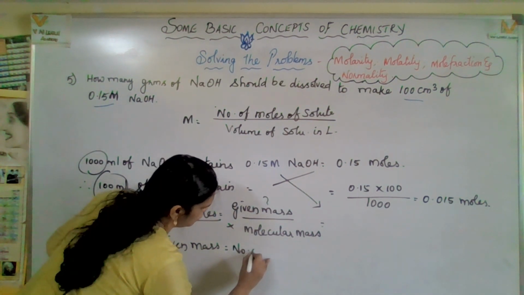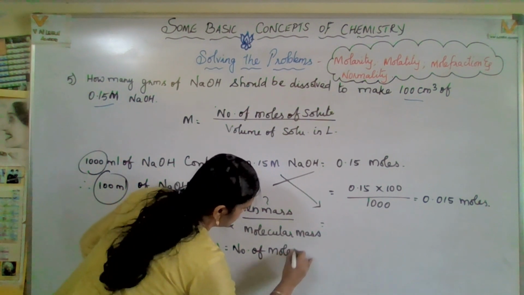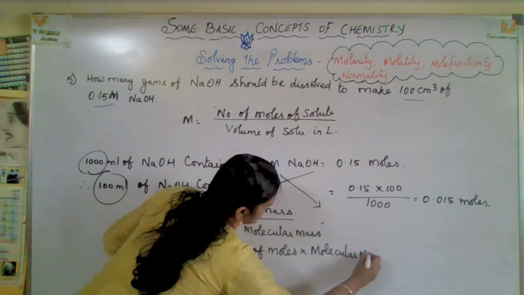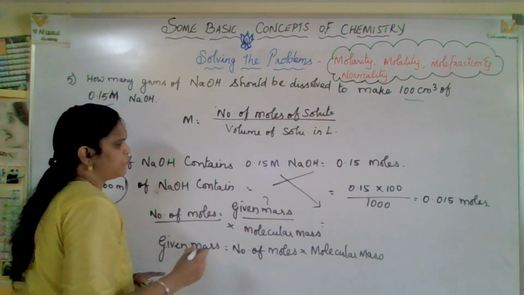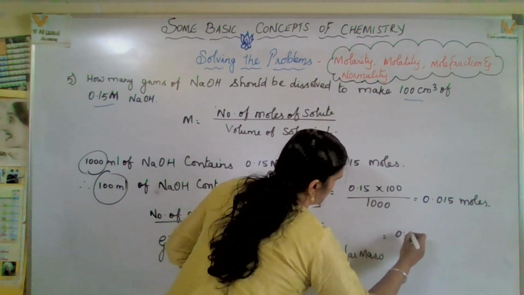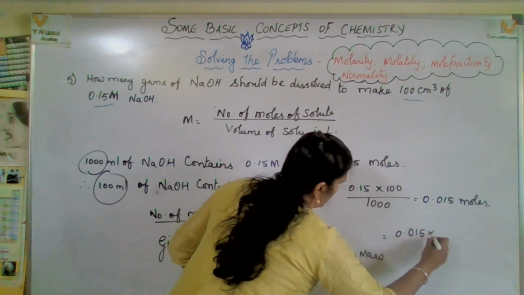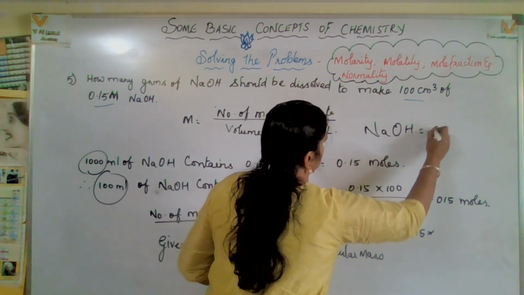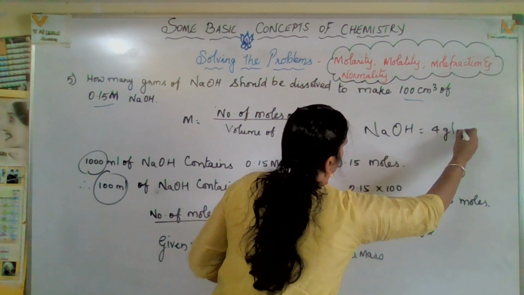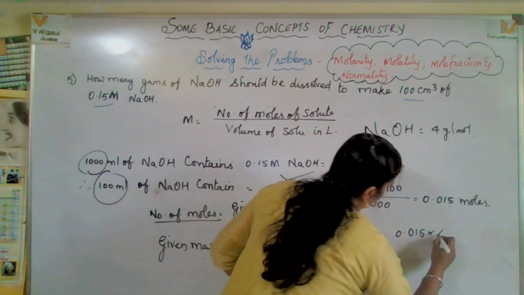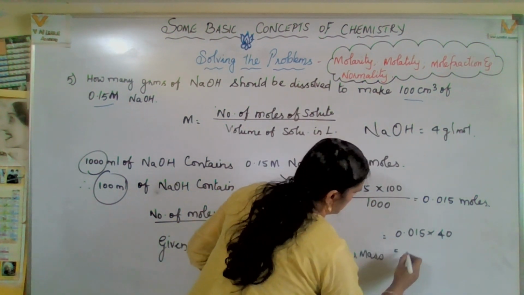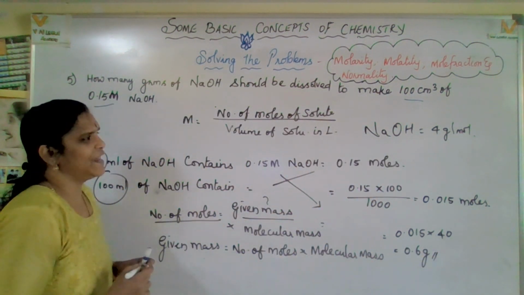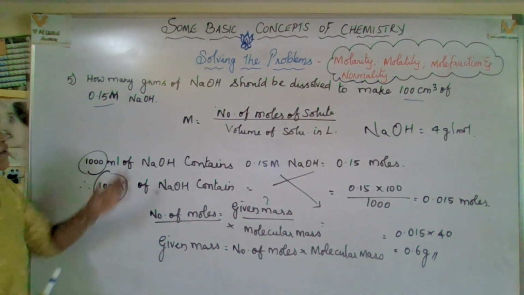Here the number of moles, just now we found out, is 0.015, into the molecular mass of NaOH, which is 40 gram per mole, right? So here 40. So what is the answer you will get? 0.6 gram.